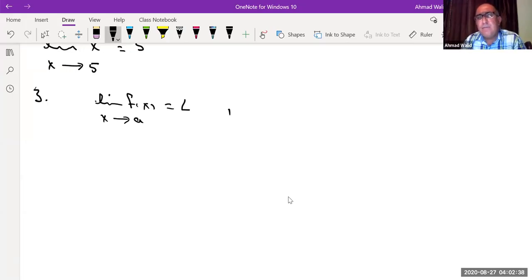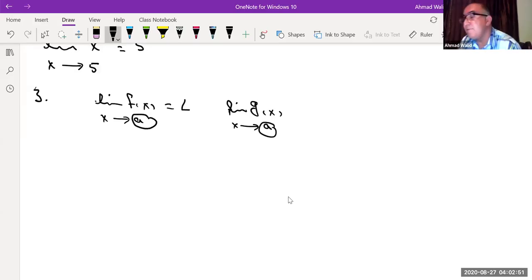And at the same time, you have another function g of x, and the limit of g of x as x approaches a, but this a is the same number. Both of these functions should approach the same number. It gives you another number, for example L2, right? And their limits exist.